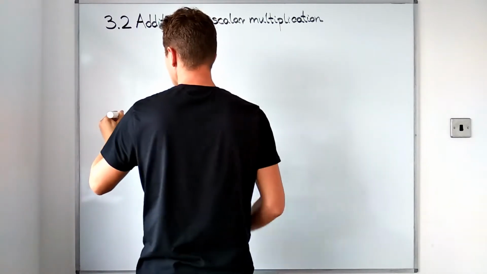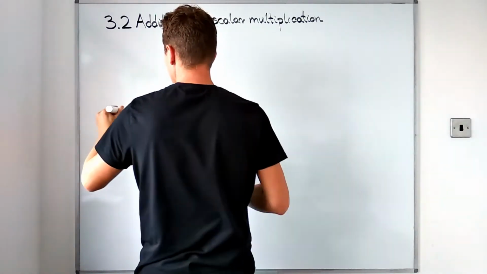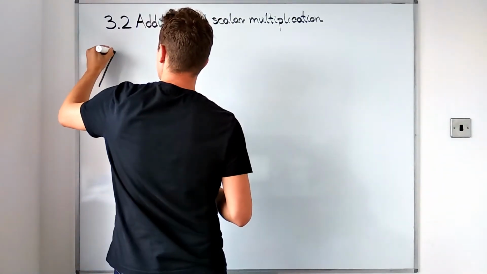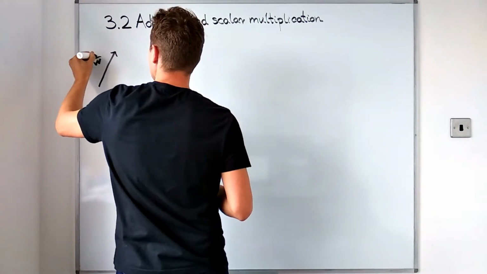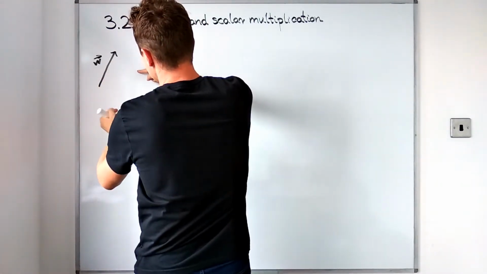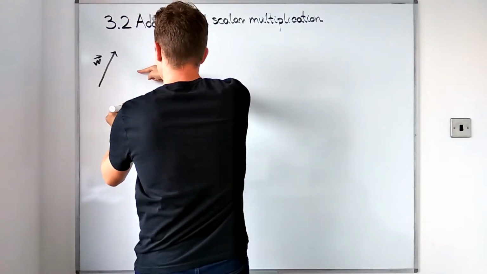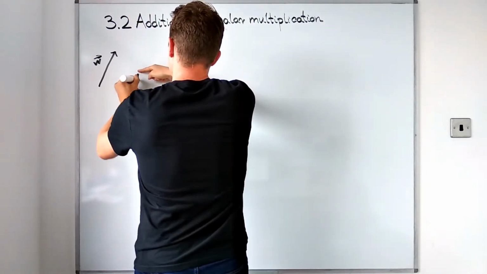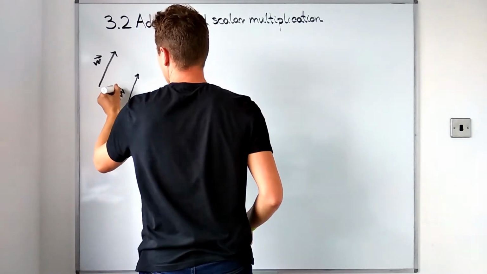What we have to first do is take that vector, let's say it's over here, and shift it parallel to itself so it lands with the same initial point that v has.